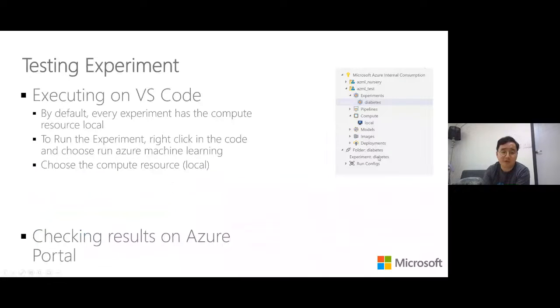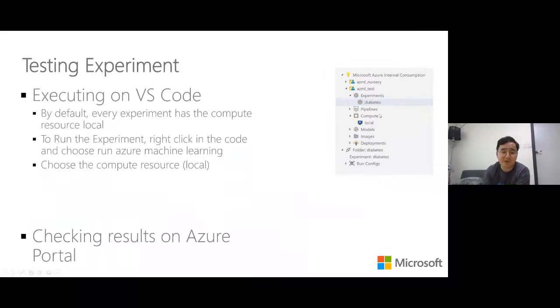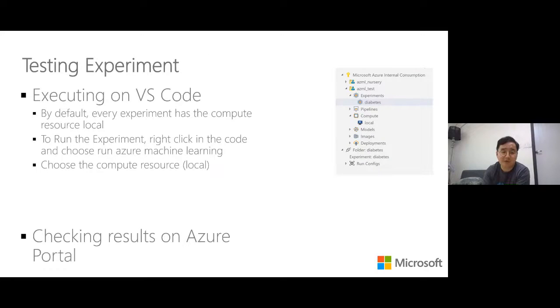This is a picture shown in VS Code after you install the relevant extensions. You can see experiments and lots of other things, and you can right-click and choose some menus, and also check results on the Azure portal.